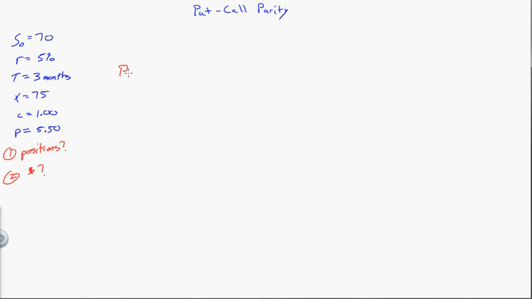Okay, so the positions, well, before I get the positions that I take, I have to do this. The put of 5.50 plus the stock price of 70 should equal the call price of $1 plus the bond price.